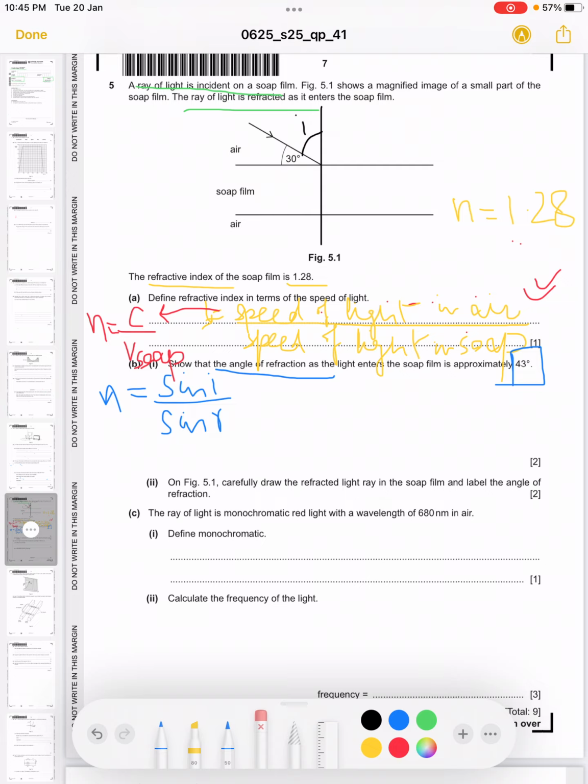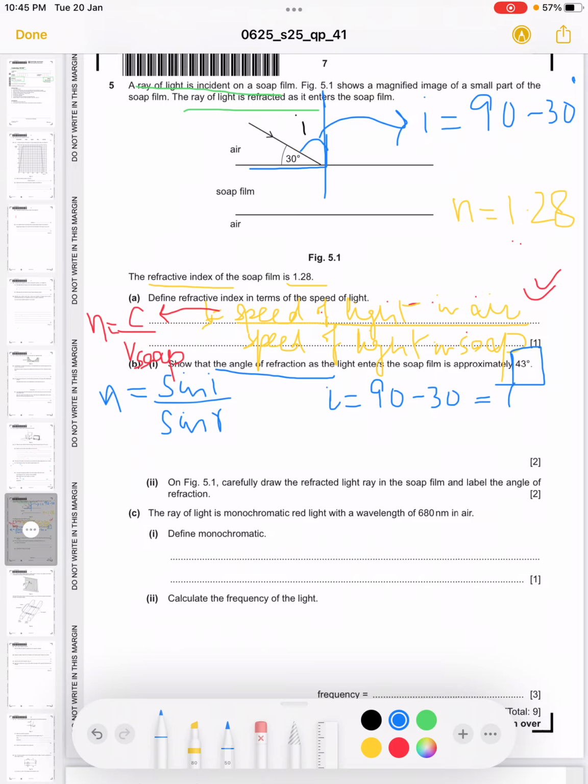And how is i calculated? The whole angle with the surface is 90 degrees, so 90 minus 30 will give you the incident angle. So incident angle equals 90 minus 30, which is 60 degrees.